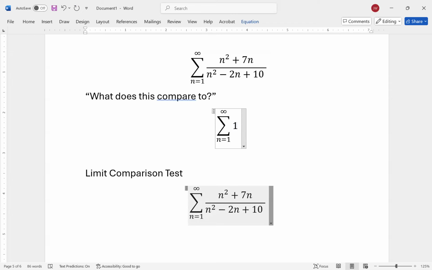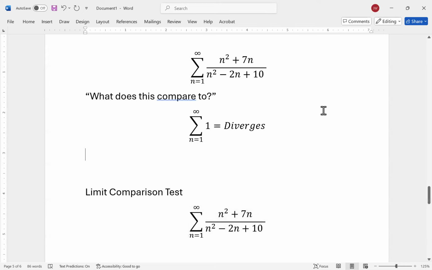By the way, that's a constant series, and this diverges based on what we saw in the last video, which was the divergence rule.